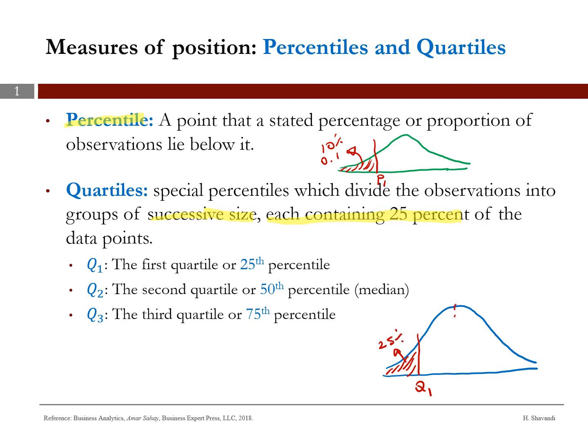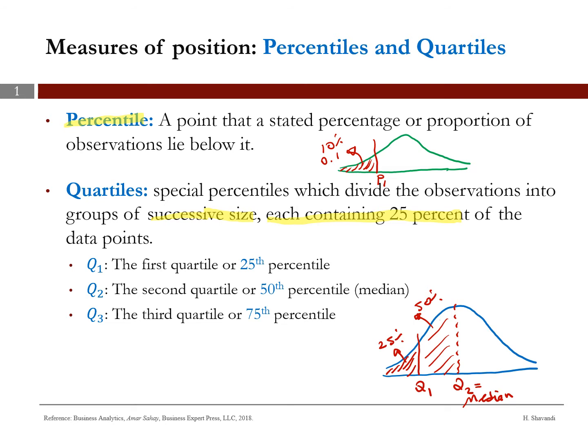And then Q2 here is the point where 50% of the data points are lying below this point. Or we can say between Q1 and Q2, we have 25% of the observations. And Q2 always equals the median. So this is the definition of the median, right?